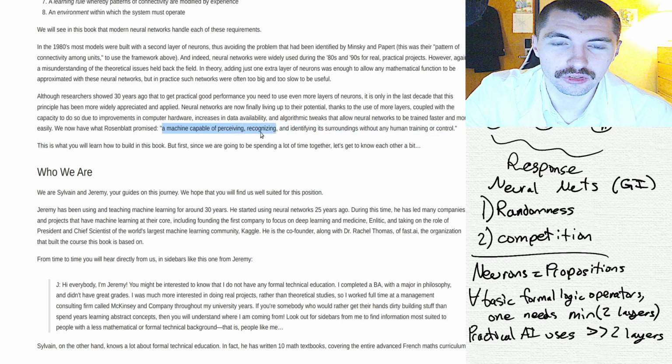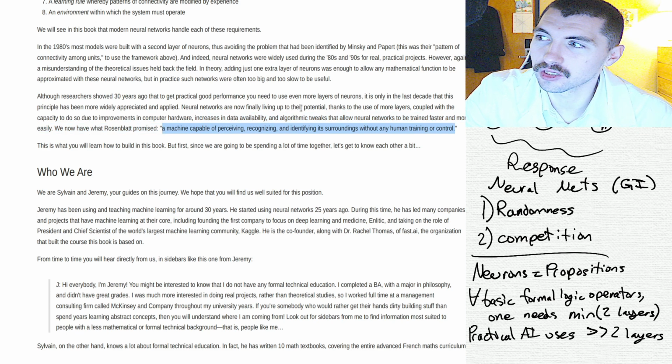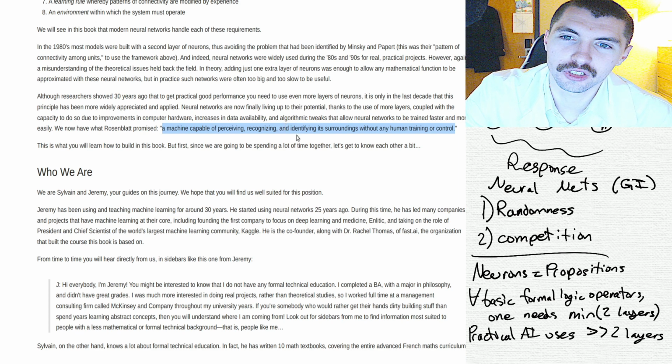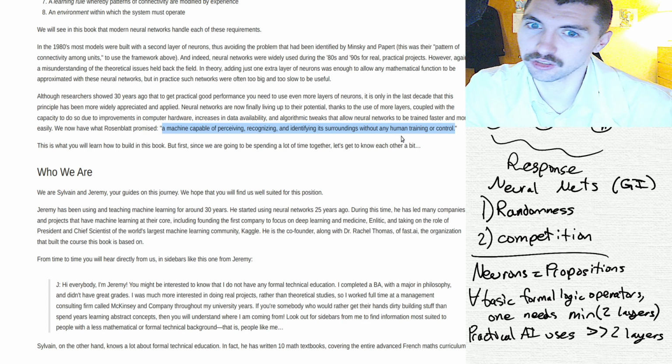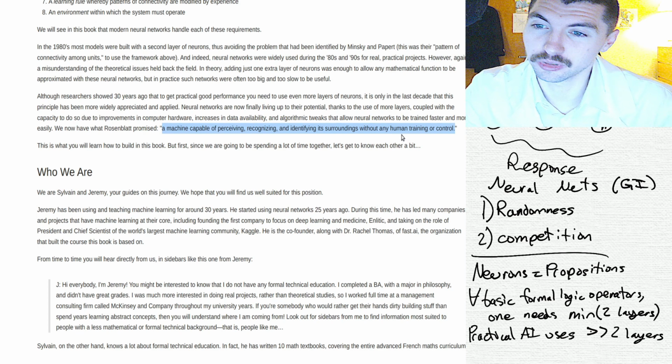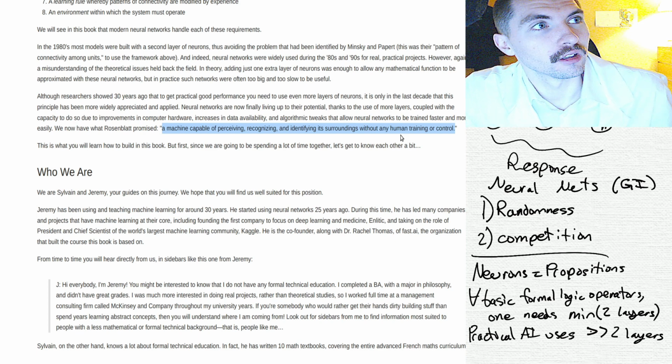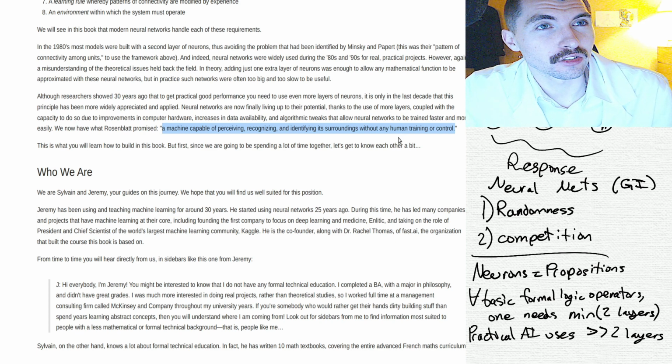These books and principles they show should allow us to build machines capable of perceiving, recognizing, identifying surroundings without any human training or control. One of the kind of ideals of our college is to build a competitor to the U.S. national intelligence community. I'm imagining an intelligence community without any traditional humans in the loop. So thinking like the president of the United States is a human.